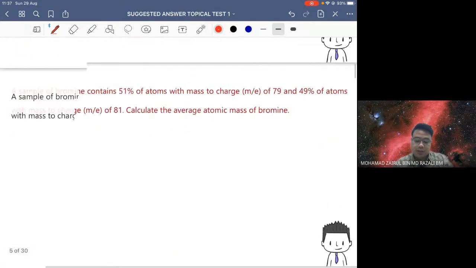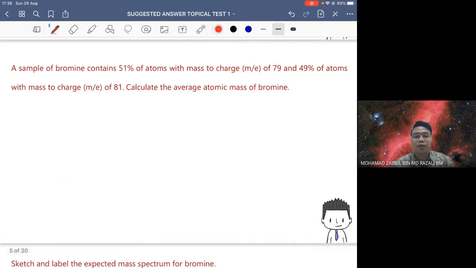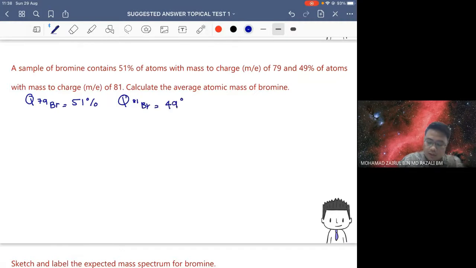Okay, so the second part of the question: given that a sample of bromine contains 51% of atoms with mass to charge ratio of 79 and 49% of atoms with mass to charge ratio of 81, calculate the average atomic mass of bromine. So from the question, the isotope abundance for bromine-79 is equal to 51%, and the isotope abundance for bromine-81 is equal to 49%.